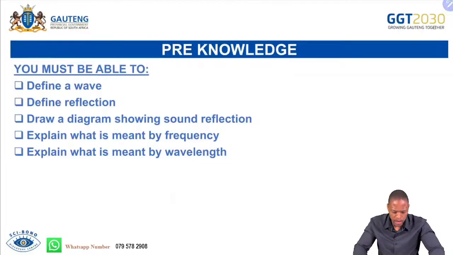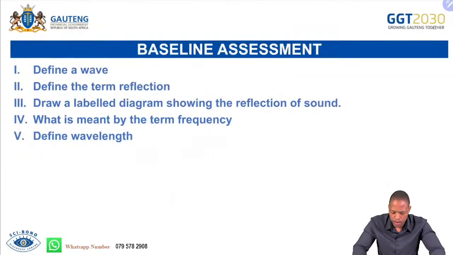So we should have some understanding of what we mean by something being reflected, and be able to draw a simple diagram showing the reflection of a sound wave. We should also be able to define frequency and wavelength, as we looked at them last year in grade 11.